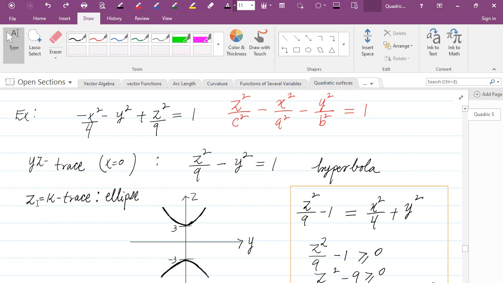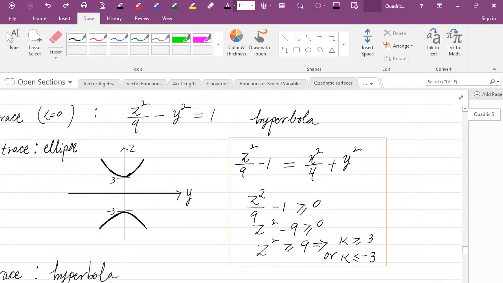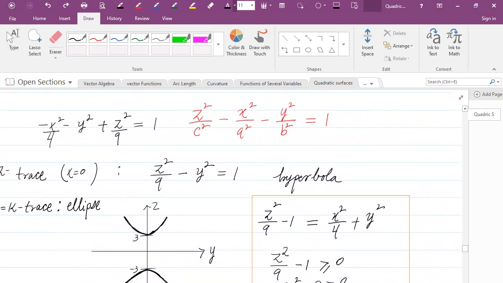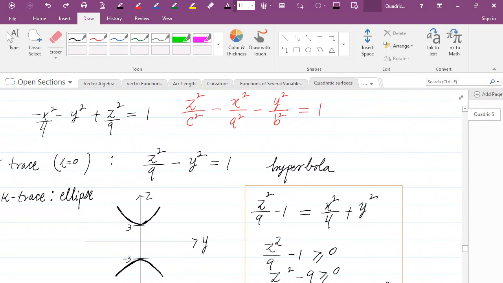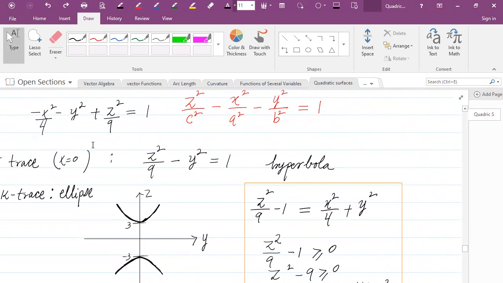Now we're going to look at the traces in the planes z equals k. These are the planes parallel to the xy plane. So what's the trace there? Well, if z is k, I can plug in k here. I'm going to send these two terms to the right, and I'm going to send one to the left.